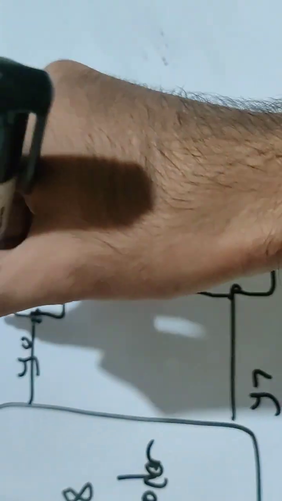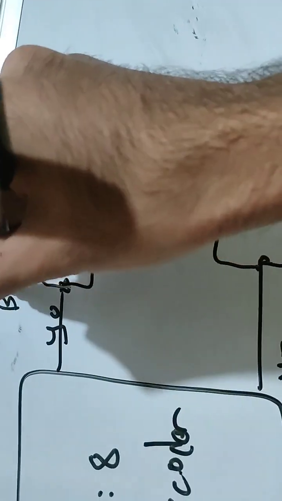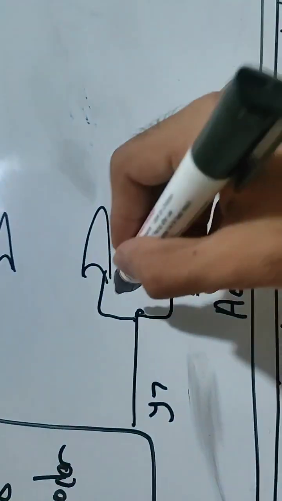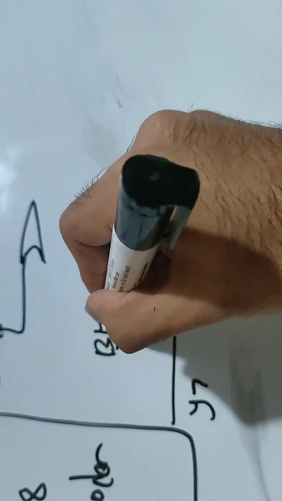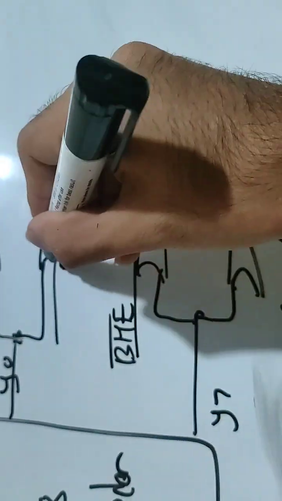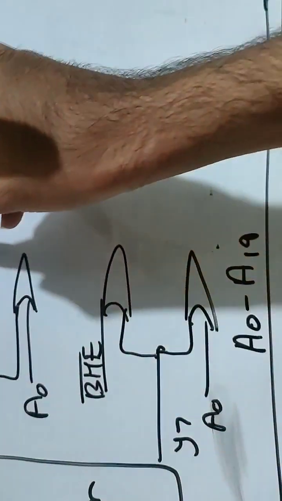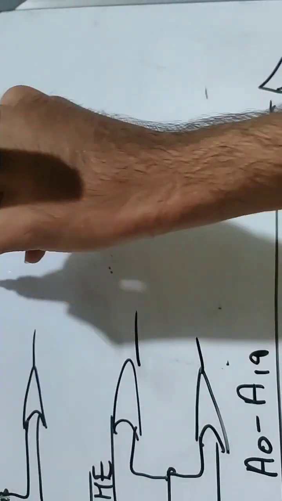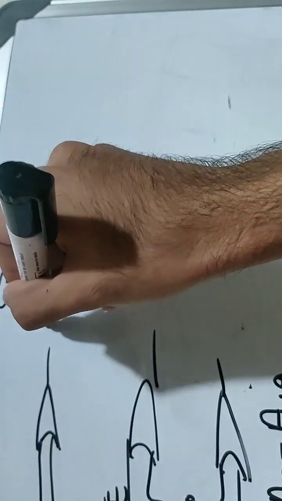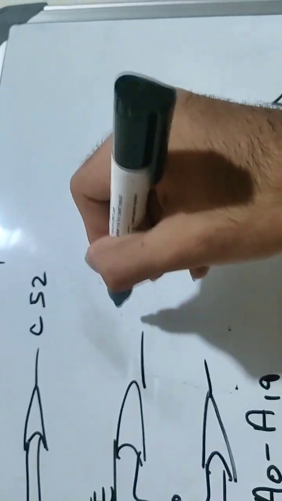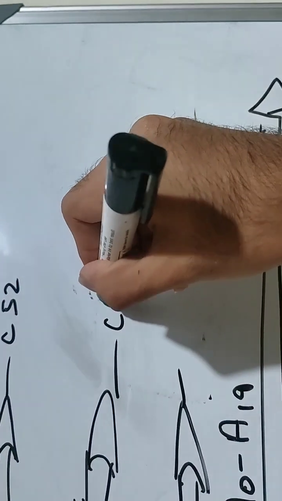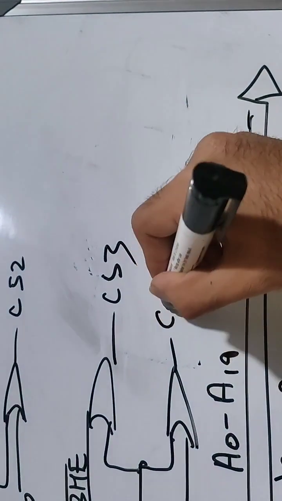One of these, the first one, should have bus high enable, which is an active low signal, and this one should have A0. This one also should have A0. Now we just need 4 signals, and you can write chip select 1, chip select 2, chip select 3, and chip select 4.